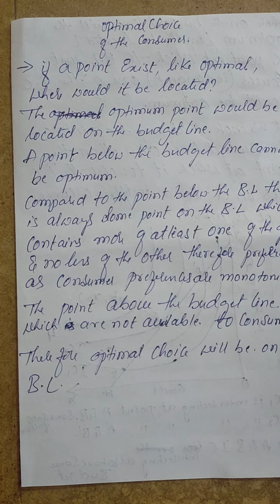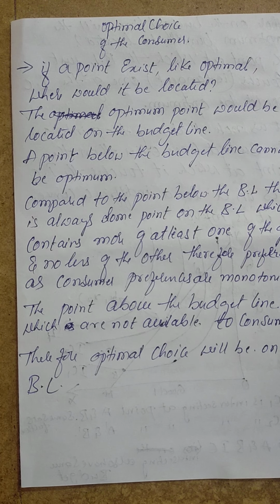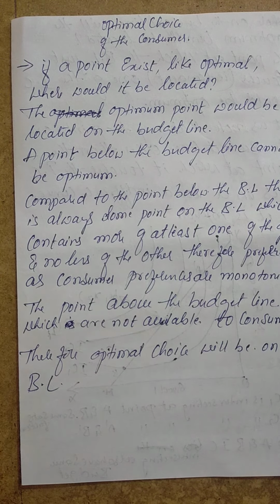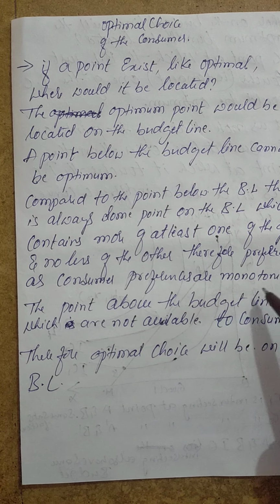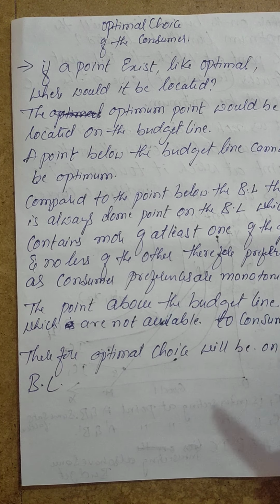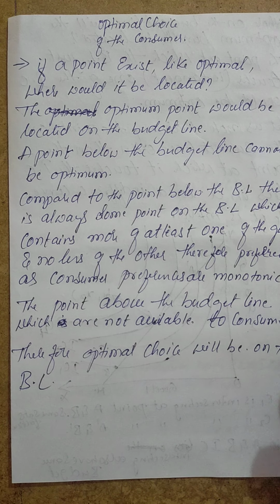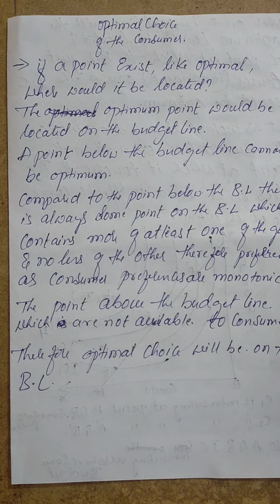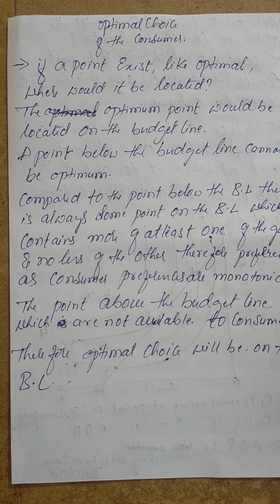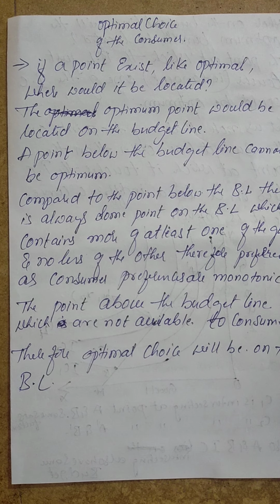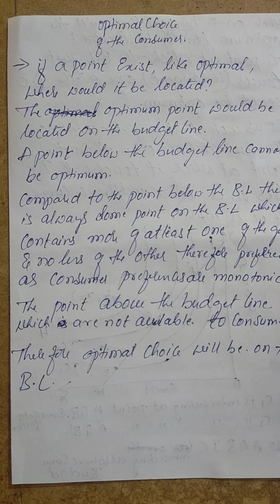That preference we call monotonic preference. We have seen this also. When there is an extra addition to the purchasing level, that extra we consider as monotonicity, which gives him the highest preference when comparing two combinations.